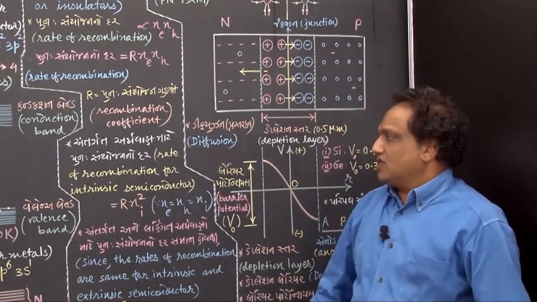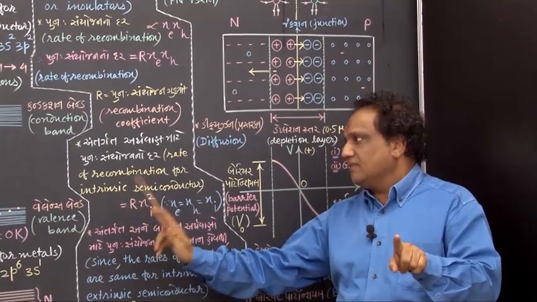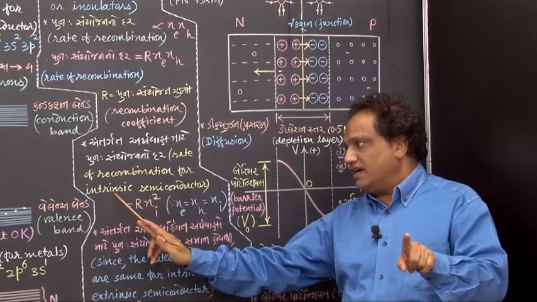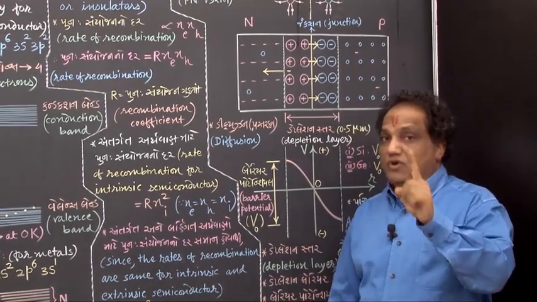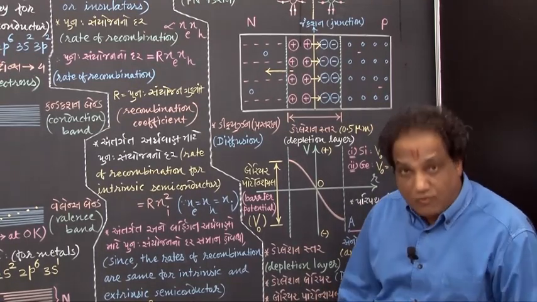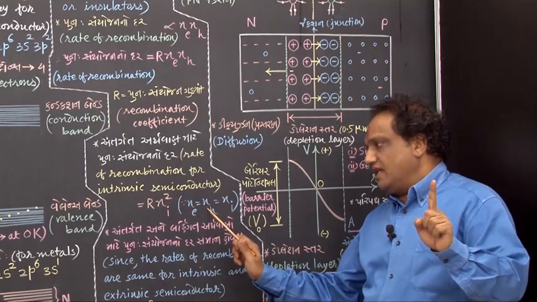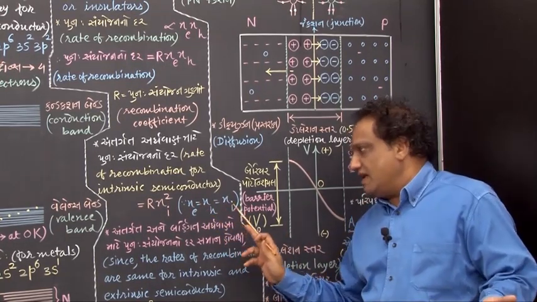Okay. Now let us talk about rate of recombination for intrinsic semiconductor. In case of intrinsic semiconductor, you have studied that free electron number density and hole number density are equal. Because Ne and NH values are equal, let them be shown by same symbol, let it be Ni.